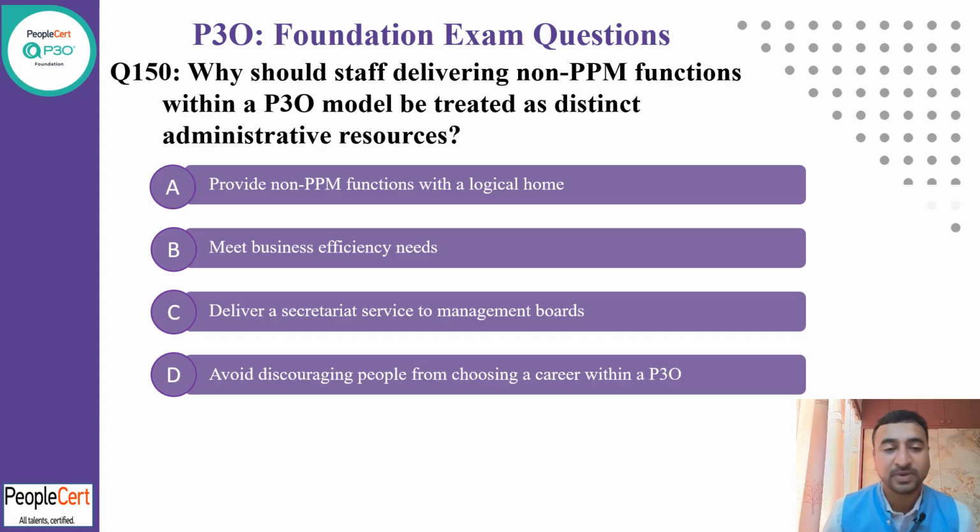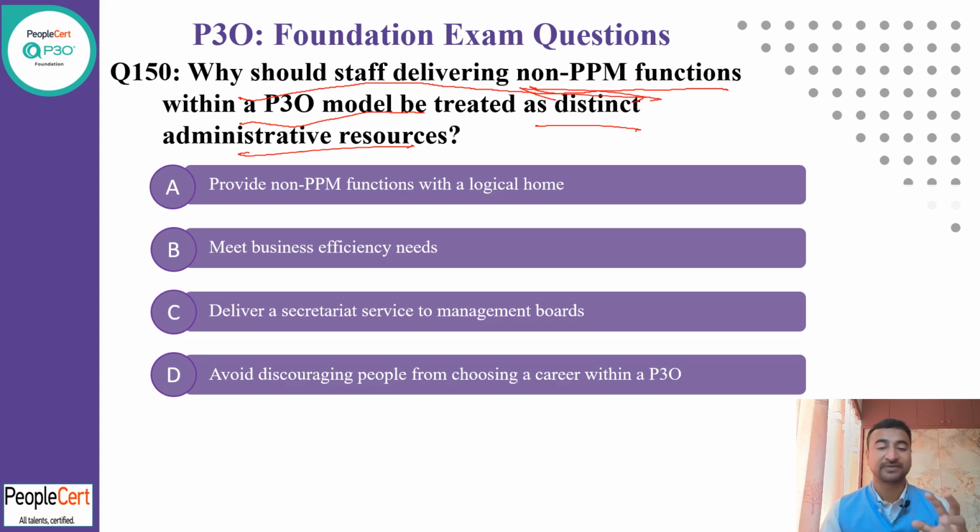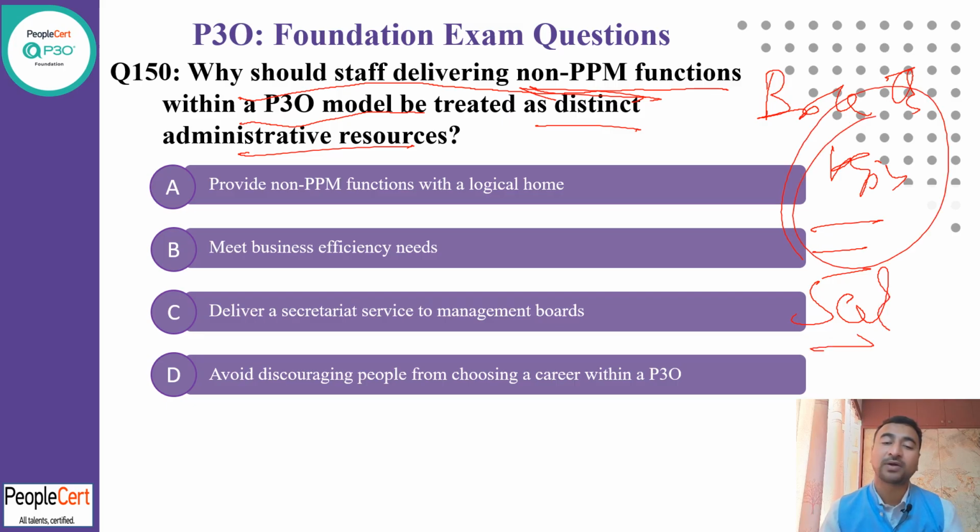Question number 150 says, why should staff delivering non-PPM functions within a P3O model be treated as distinct administrative resources? Okay, first we need to understand what kind of non-PPM functions. Non-PPM functions are like booking travel, logistics, secretariat work, all that stuff. But why are we doing that?